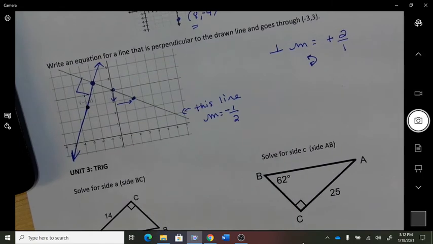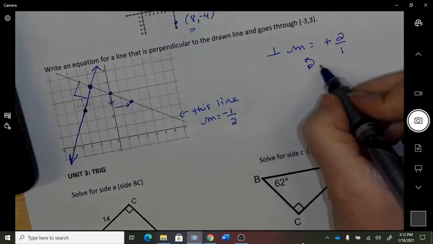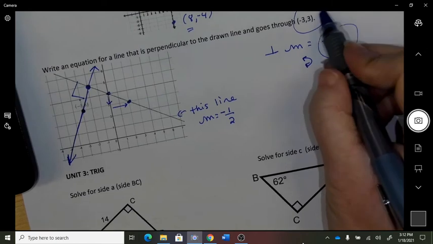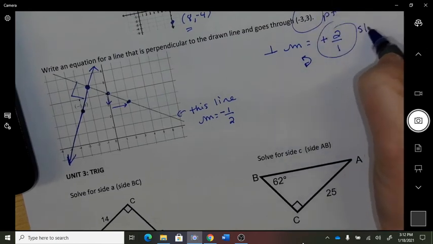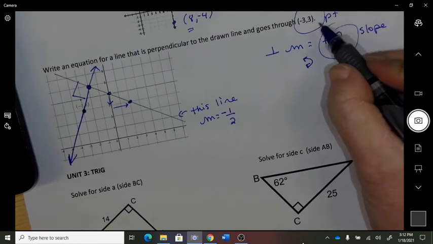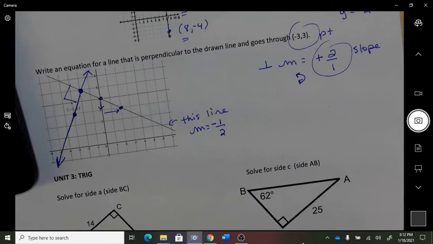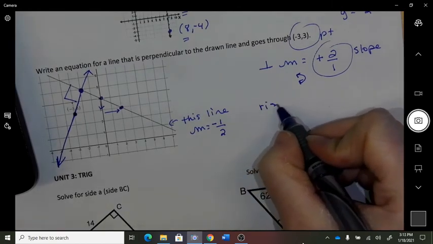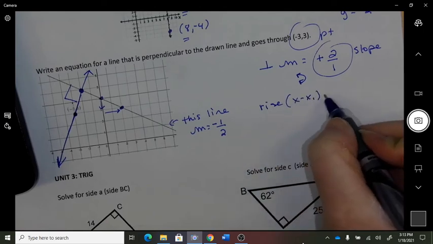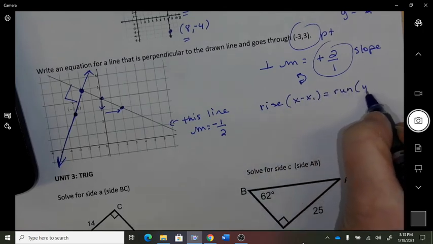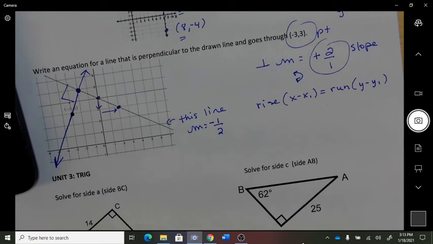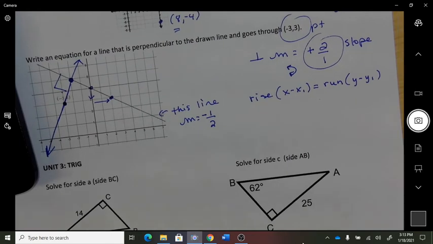Okay, so how do I write this? I know a slope of my line and a point of my line. So now, which form? You're going to write point slope form from your formula sheet. Okay, I'm not doing mx plus b because I don't know the y-intercept, right?